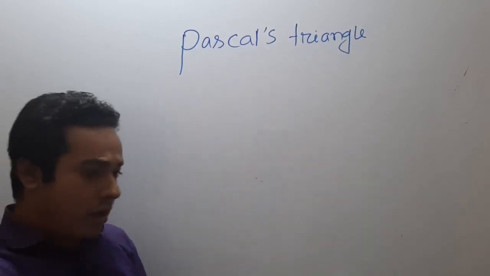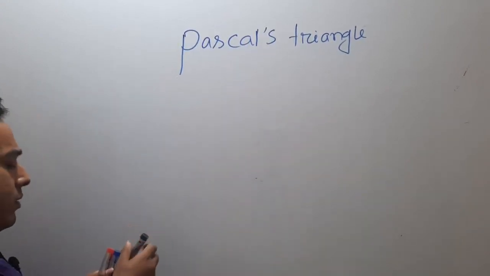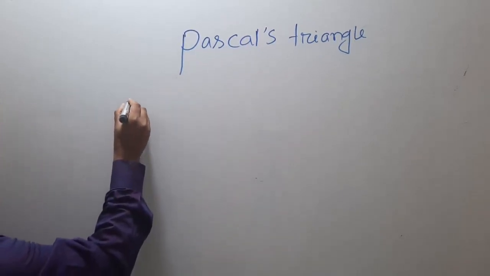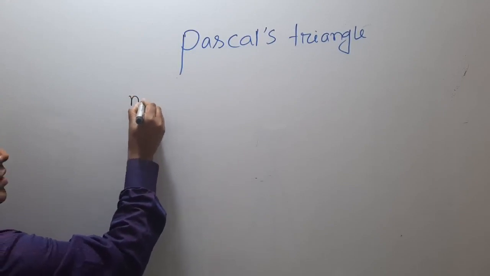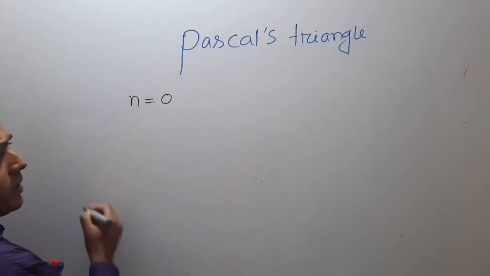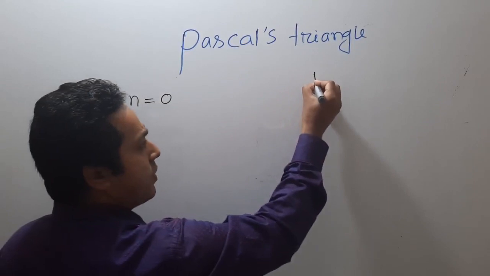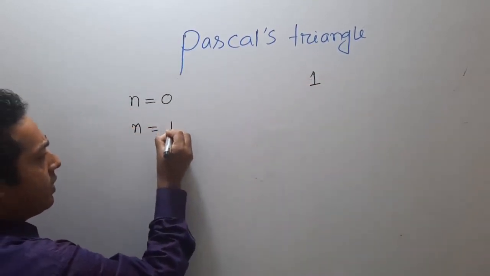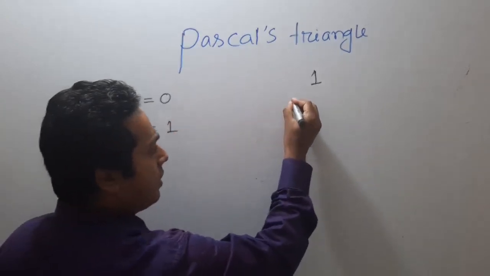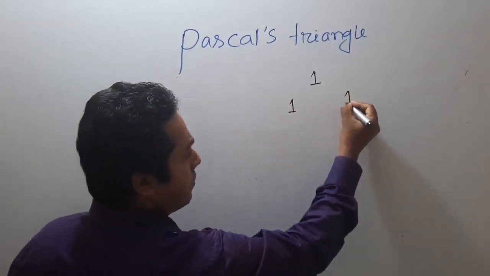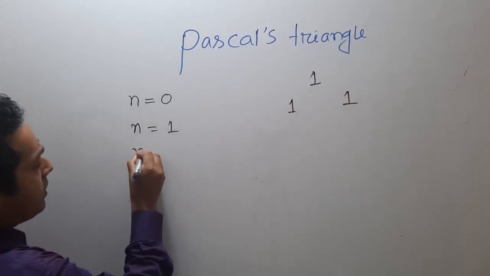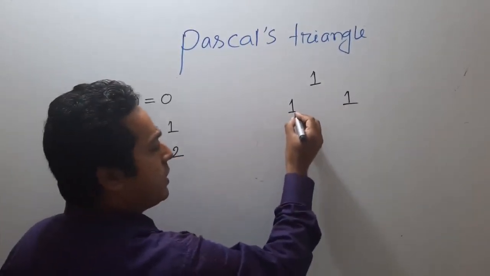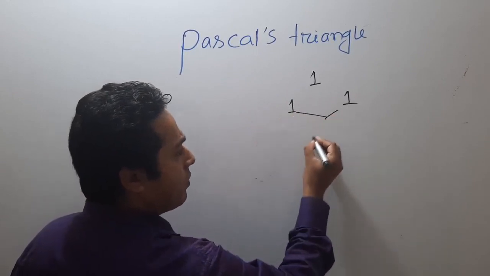If the degree of the binomial term is 0, then we start from 1. If n is equal to 1, then it will be 1 and 1. If n is equal to 2, then it will be the summation of 1 and 1, which is 2, with 1 on this side and 1 on the other.